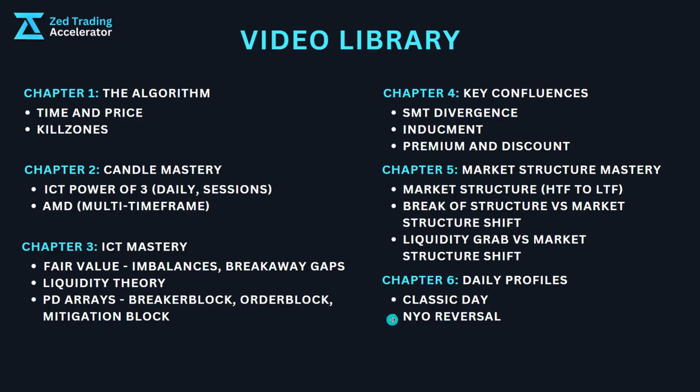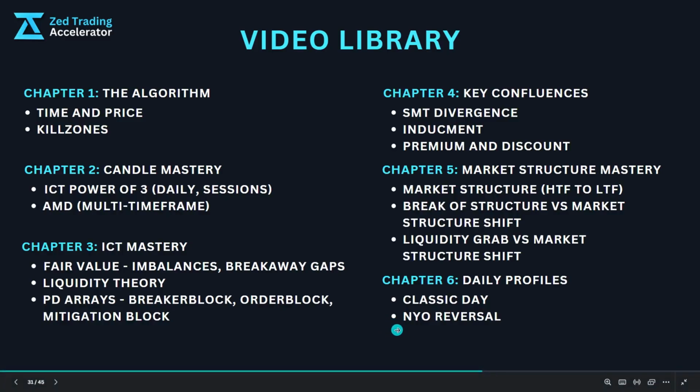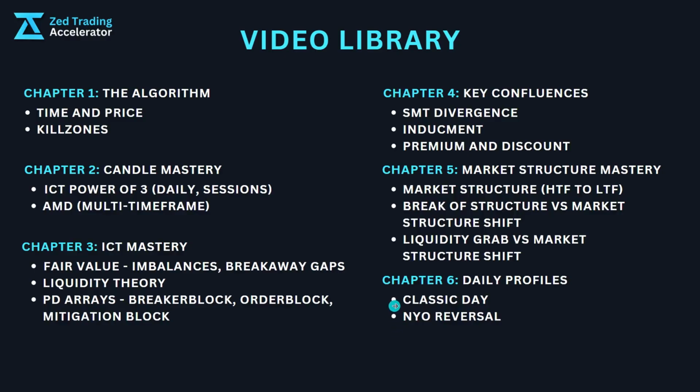And also, this second daily profile is one of the most used daily profiles in the market. Alright, so this is basically just like classic day, but in this daily profile, the market will reverse in the New York kill zone.